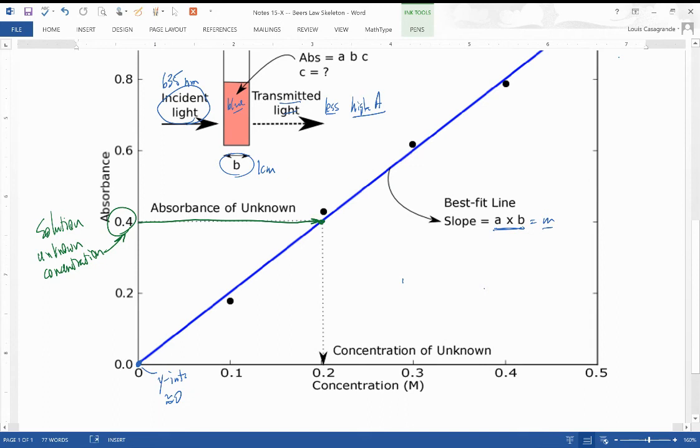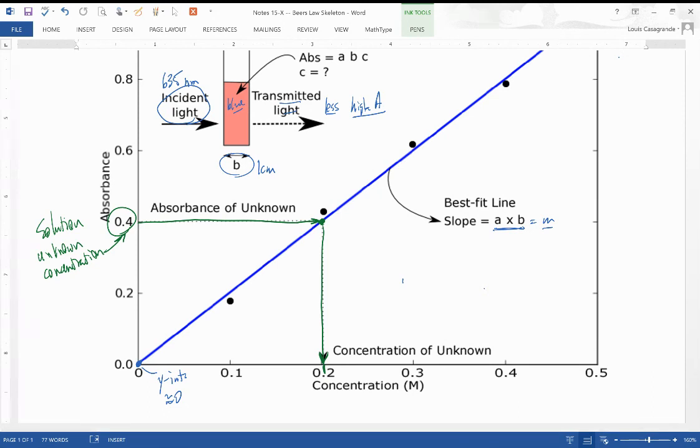Look at that line itself, because this line, as we talked about in the past, is like an average, getting rid of that random error. And then you take from that line, you drop the vertical down to the x-axis. And at the x-axis, we're going to read off what the concentration is, or would be according to this line.